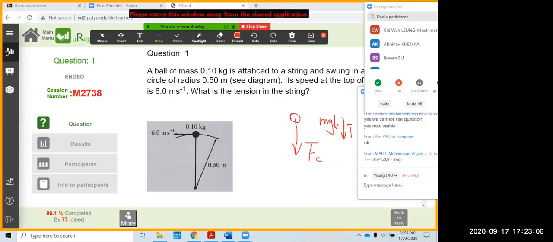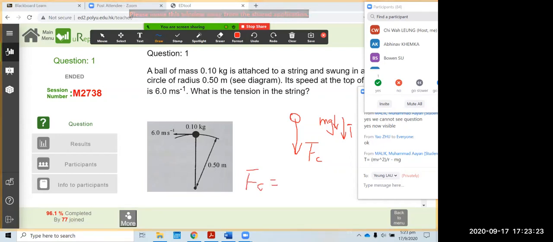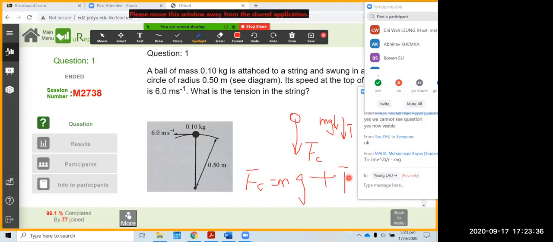If you have the centripetal force larger than the weight, then, well, I should write it as a whole, Fc equals mg plus T. If the centripetal force is not very large, then T would become negative. What does the T negative mean?